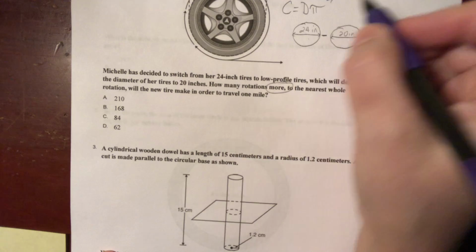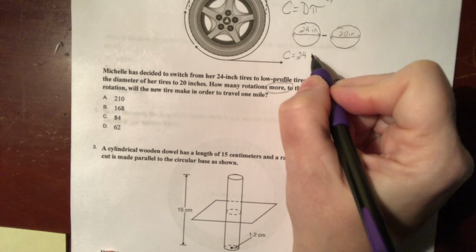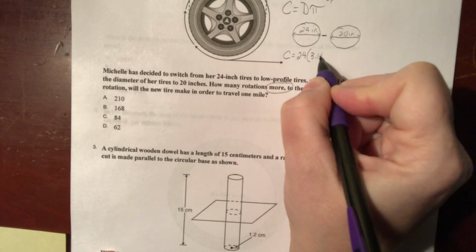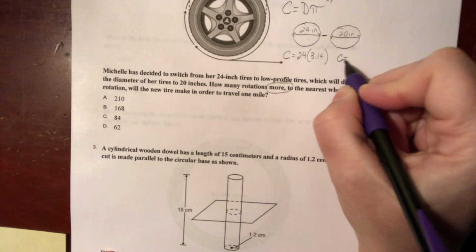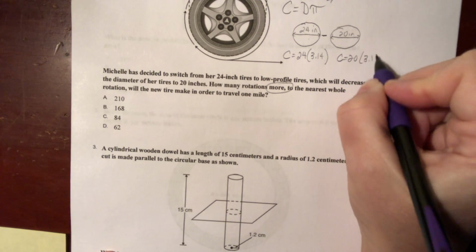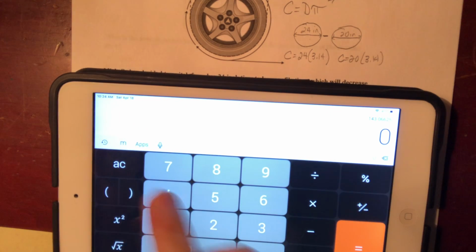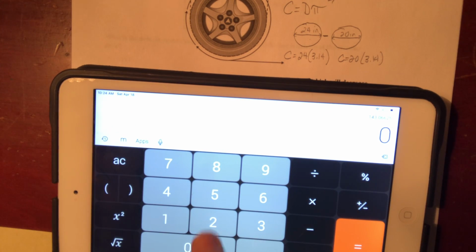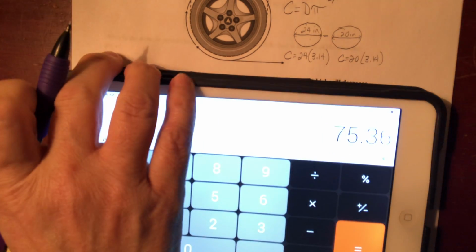For this one, circumference equals 24 times 3.14. For this one, circumference equals 20 times 3.14. I'm going to pull out the calculator. So 24 times 3.14, 75.36.